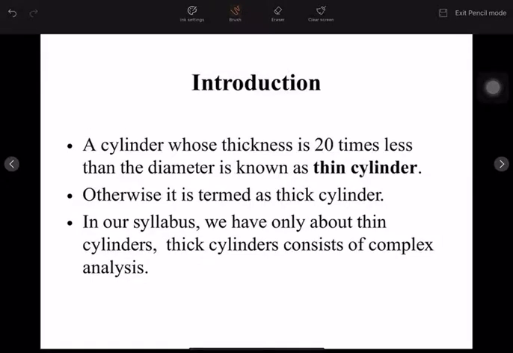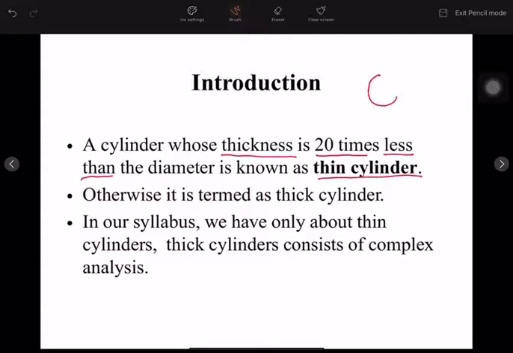So, how can we define a thin cylinder? Generally, a cylinder whose thickness is less than 1/20 of the diameter is known as a thin cylinder.